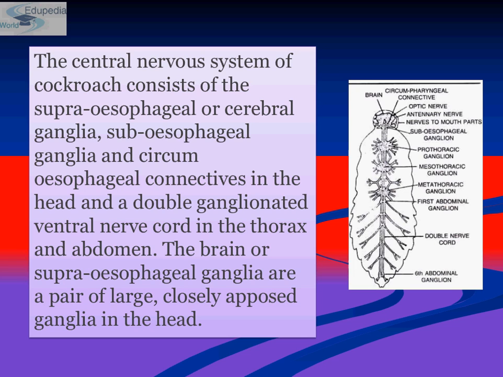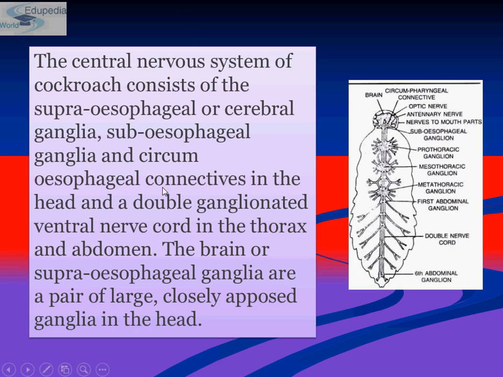The brain, or the supra-esophageal ganglion, is a pair of large closely opposed ganglia in the head. See, this is the circum-esophageal connective and this is the sub-esophageal ganglia.